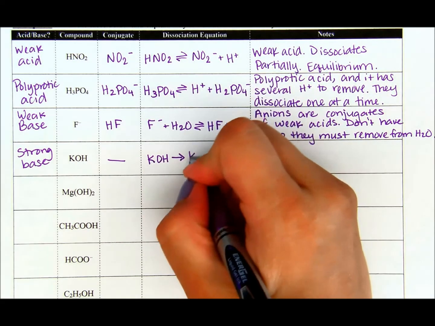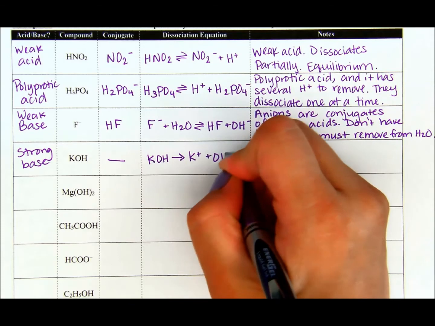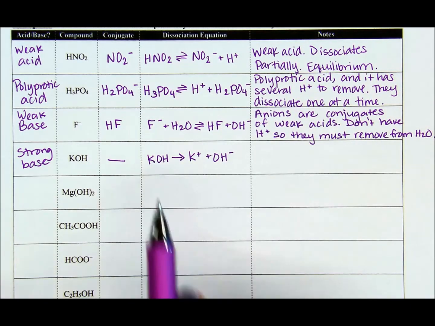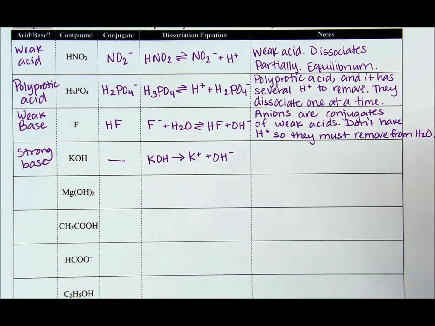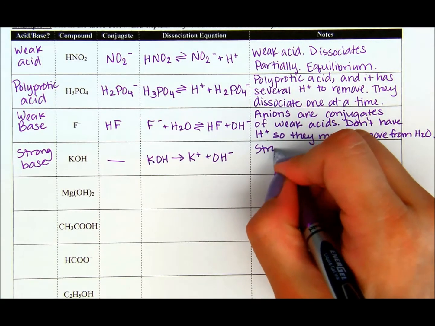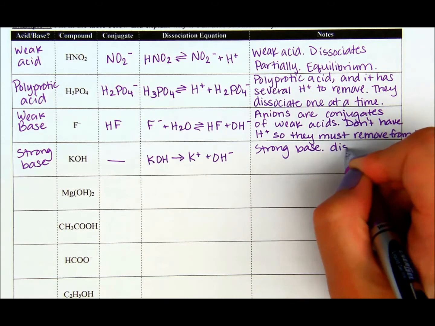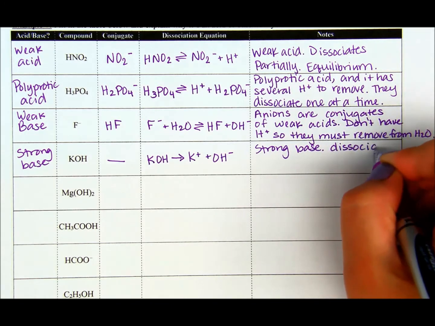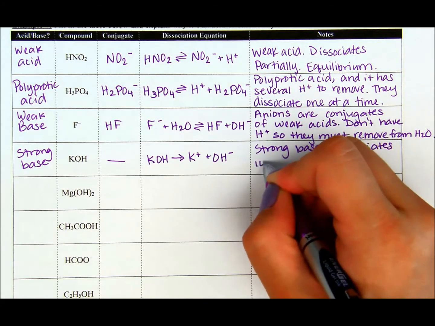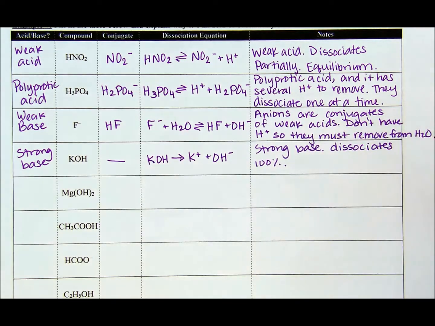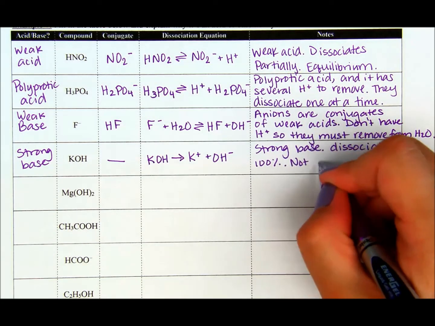It completely breaks up into potassium and hydroxide ions, all the way. So all the KOH you put in solution turns into K plus and OH minus. Strong base. Dissociates 100%. Okay, not in equilibrium.